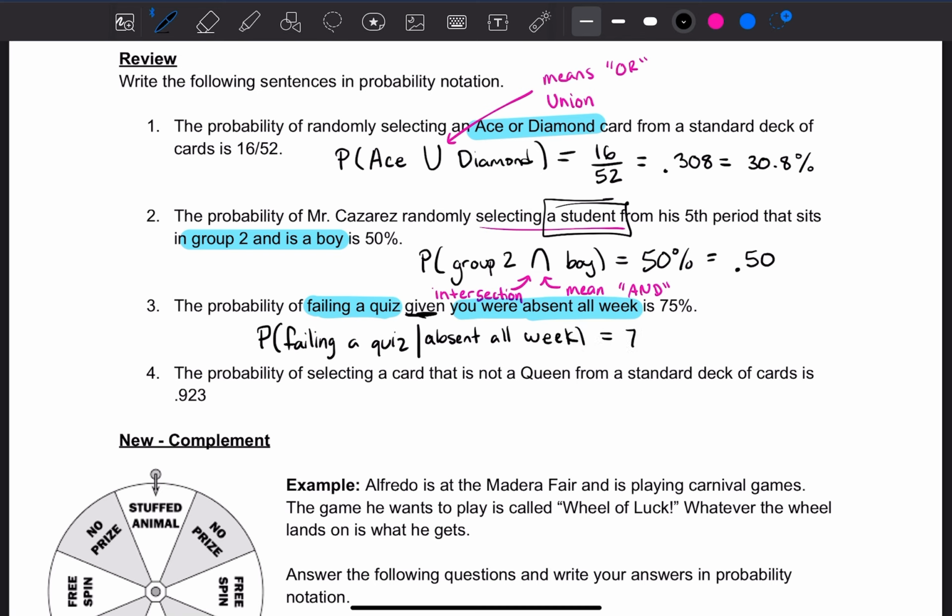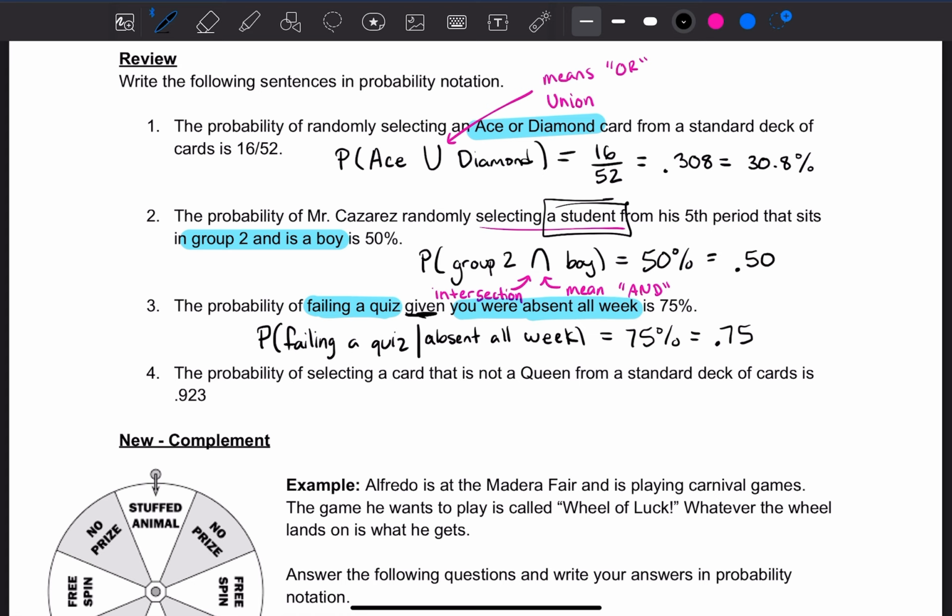And that is 75%. And as a decimal, that is 0.75. All right, so very likely that you are going to fail a quiz if you're absent all week, and I hope that makes sense. Okay, so that's what this line means. This line means given.